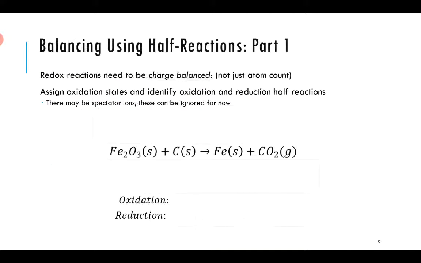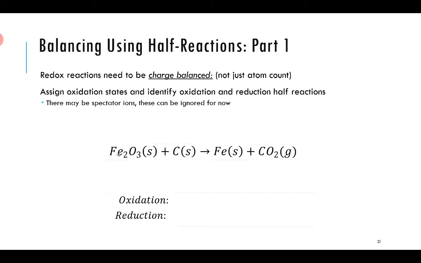And so to do that, we are going to be using a different strategy called the half reaction method. The first step of the half reaction method is to calculate your oxidation states of everything in order to identify what are the spectator ions and what is actually being oxidized and what's being reduced.